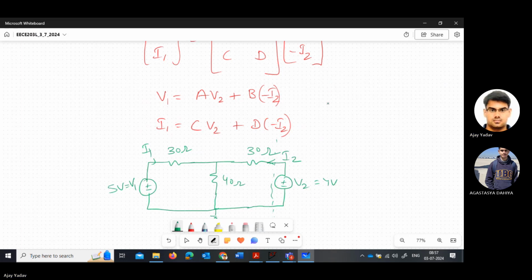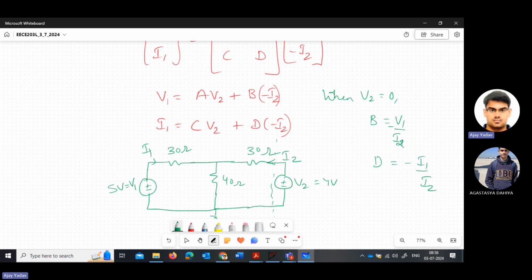So when V2 equal to 0, B is V1 by I2, D is minus of I1 by I2. Okay, so these are the parameters.